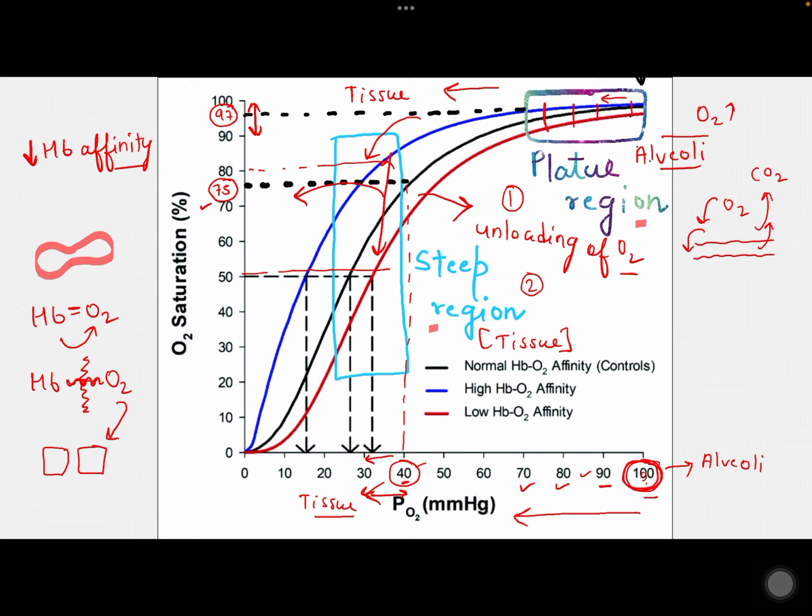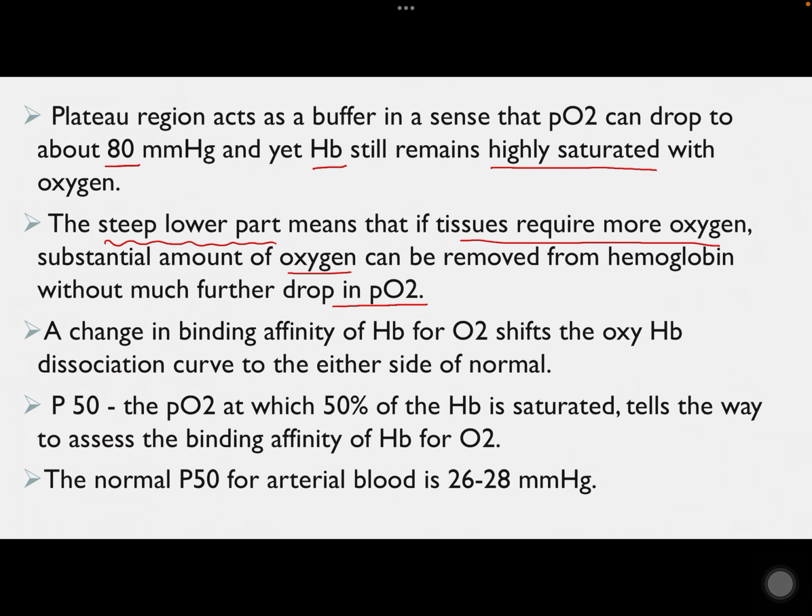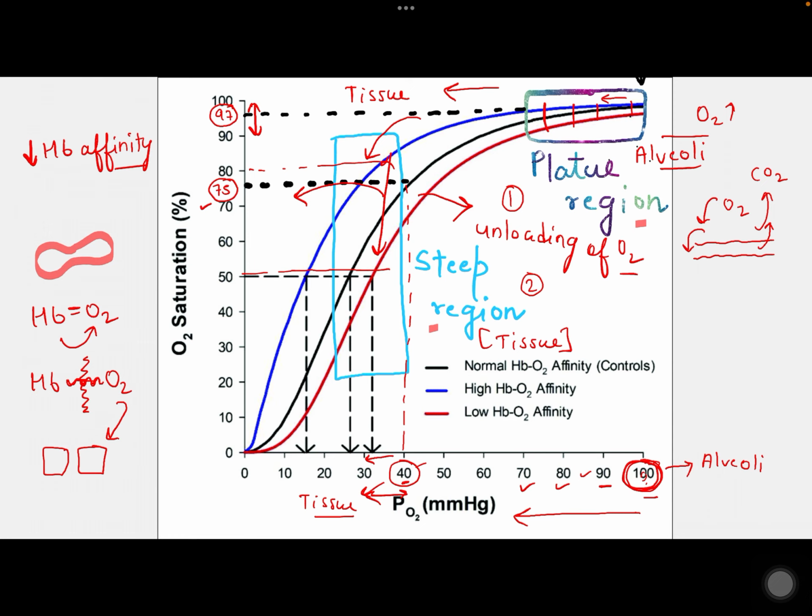But if you go beyond 40, then more desaturation can happen, but the partial pressure of oxygen is not moving much, right? So at the level of the lungs, the saturation levels are not dropping much. At the level of tissues, the saturation level might drop, but the partial pressure of oxygen is not moving much.